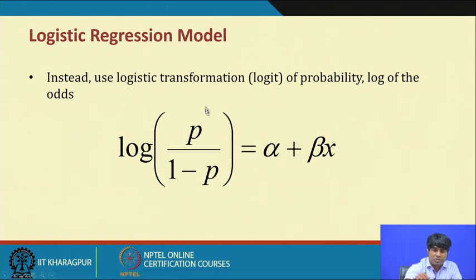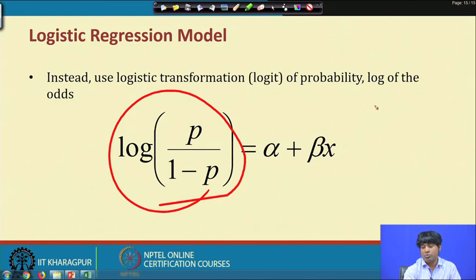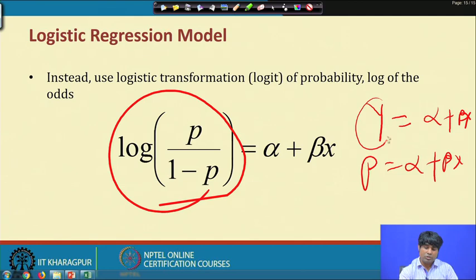Here the regression structuring will be like this, corresponding to the linear probability model, where we have Y equal to alpha plus beta x, or simply you can say P equal to alpha plus beta x, because Y in the linear probability model means it will be only probability values, only between 0 and 1.